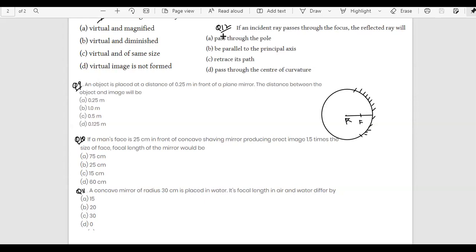Now instead of taking this circle, let's suppose I take a bigger circle. Then the center of curvature will be from here, this is the radius of curvature, and this is the focal length.